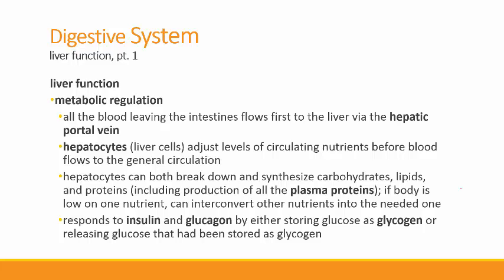And the hepatocytes are capable of both breaking down and synthesizing carbohydrates, lipids, and proteins. Included in this function, of course, is the production of all the plasma proteins that we talked about back in the chapter on the blood, that are important to regulating osmotic pressure of the blood, the fibrinogens that we have circulating around dissolved, waiting to coagulate. All of those plasma proteins are produced by the liver.